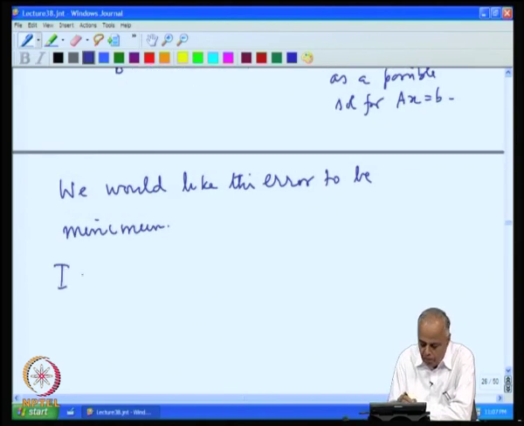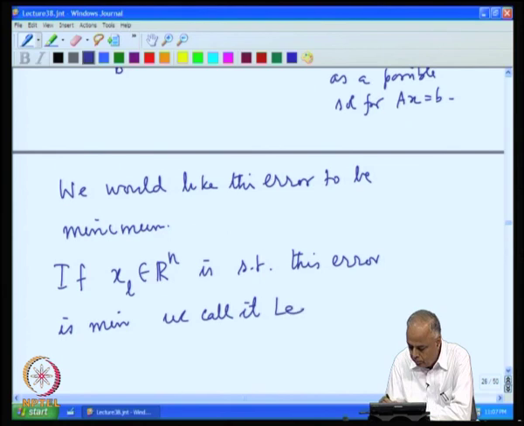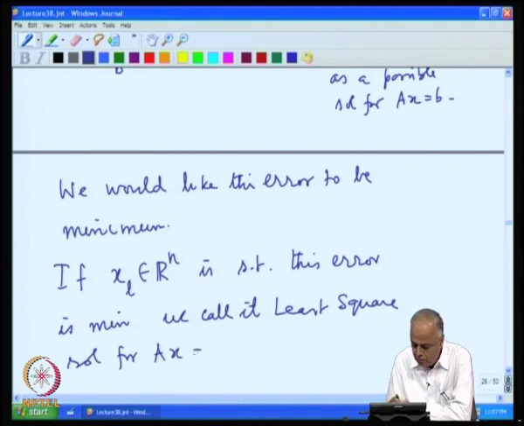If x L belongs to R n is such that this error is minimum, we call it a least square solution for A x equal to B.